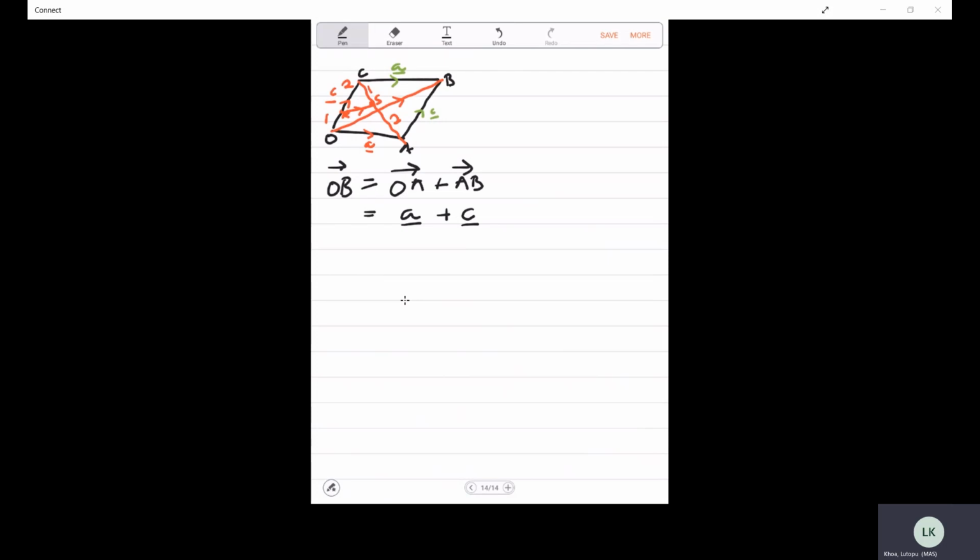Now we also need to work out RS. Okay, so you start at R and then you go to S. Now if I'm at R and I want to go to S, I can go from R to O, and then from O I go to A, and then from A I will go to S. Okay, so that's the path that I'm going to take.